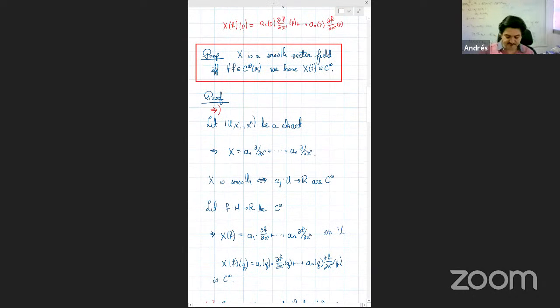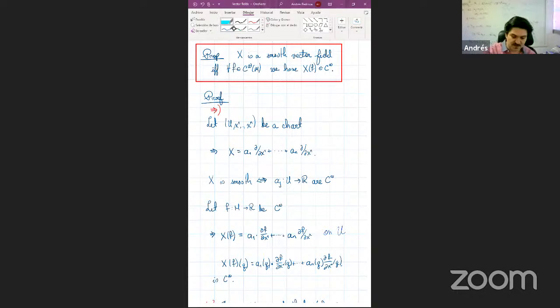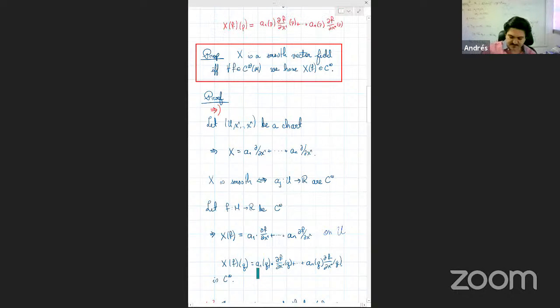Right, so with this, we have that the sum and product of smooth functions is smooth. So by my hypothesis, this is smooth. f is infinity, so this function is also smooth, right?